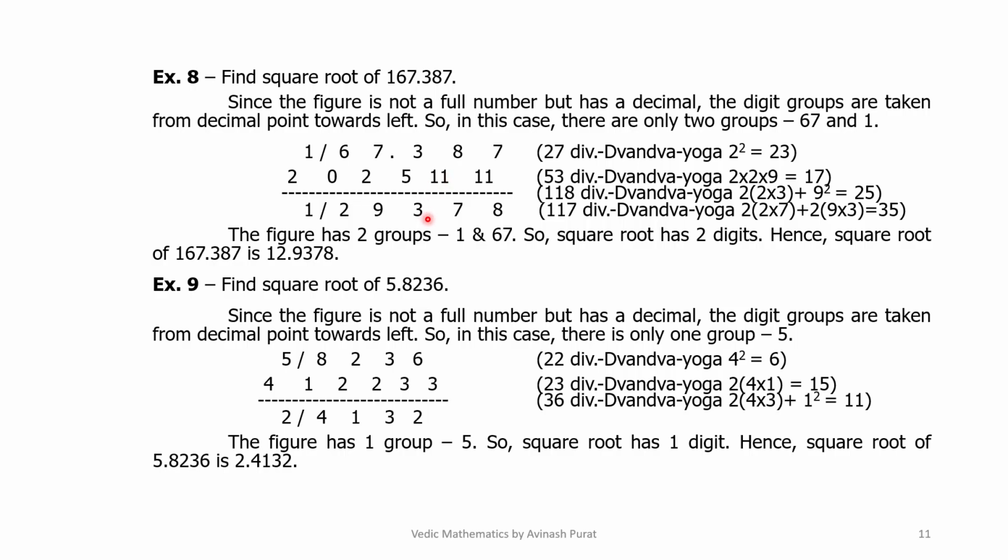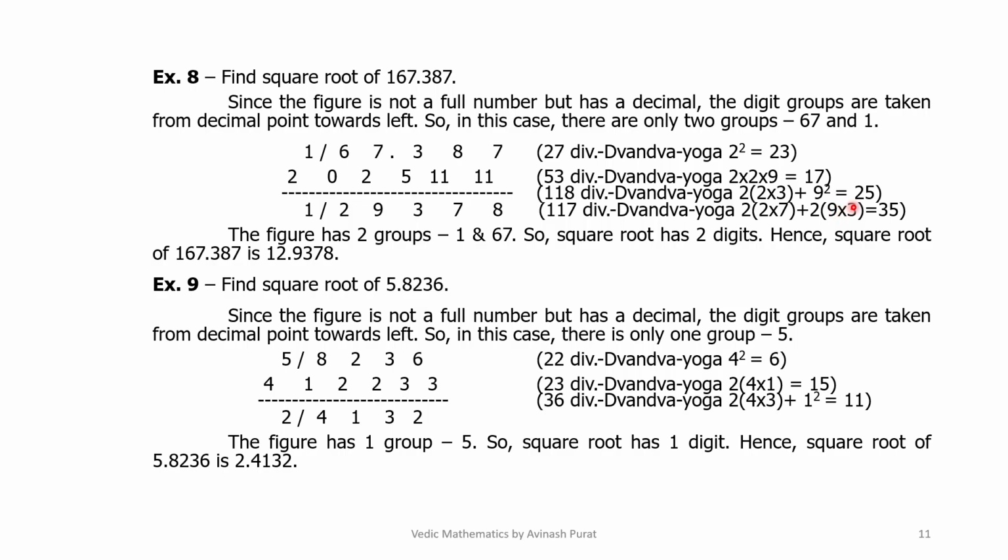Now 118 is the dividend minus Dvandva Yoga 2 into 3 plus 9 square, that is 6 into 2, 12 plus 81. So 118 minus 81 and 16 is 97.